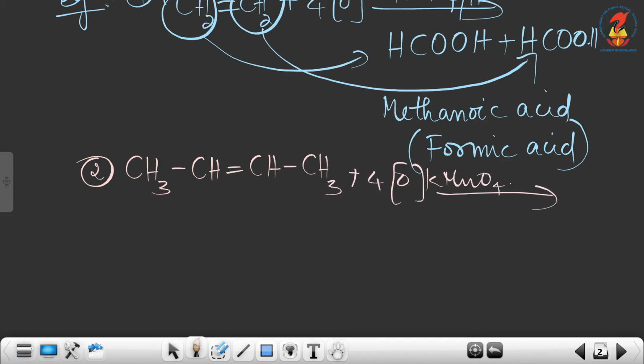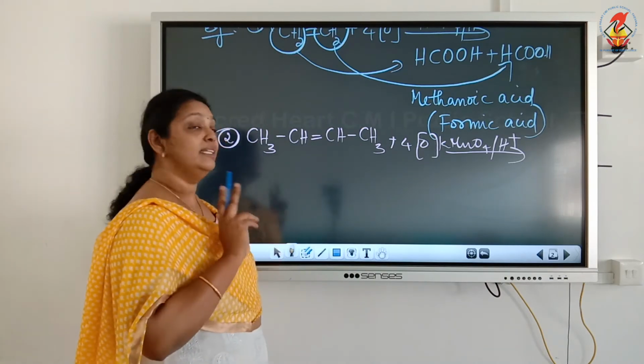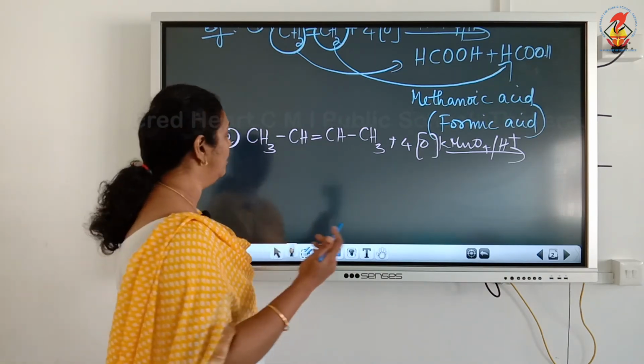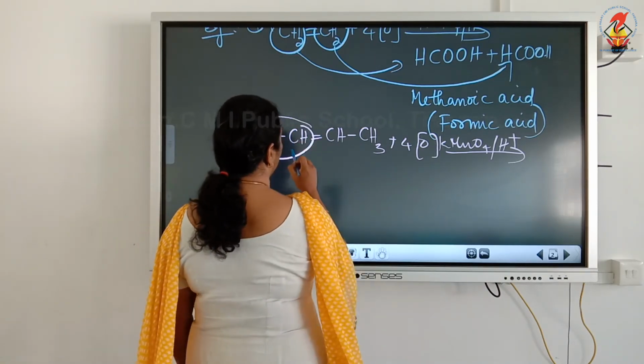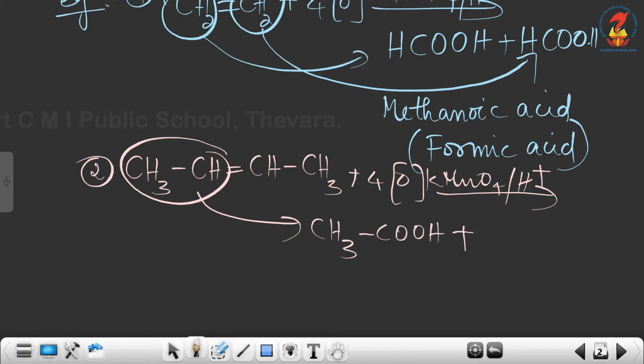KMnO4/H+. Again this is acidic KMnO4, and here you can see on either side of the double bond the carbon carries hydrogen, so we get acid again as the product. Now from this side we get which acid? CH3COOH, acetic acid.